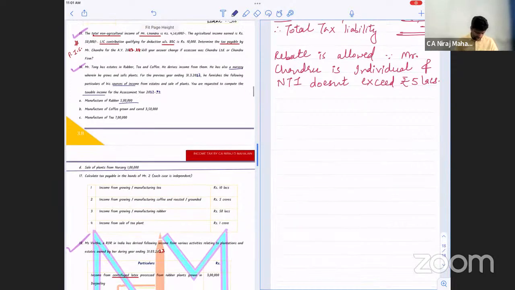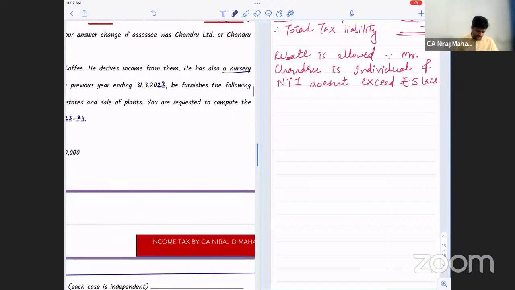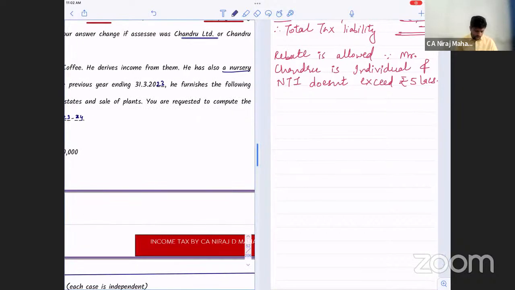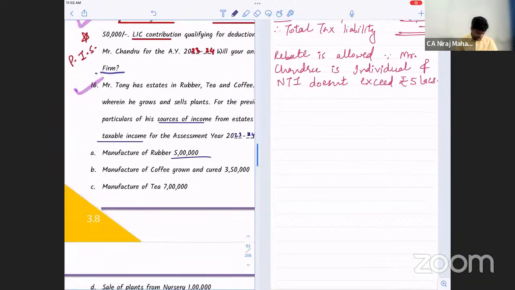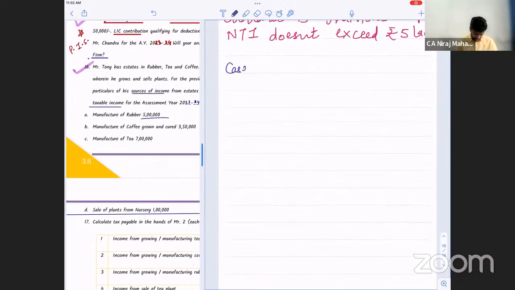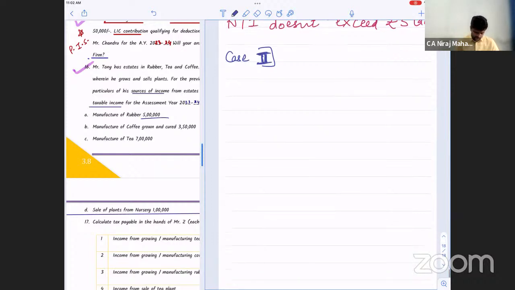What is case 2? Will our answer change if assessee was Chandru Limited or Chandru Firm? Okay. So case 2 I'm writing here. Ready, everybody? In that first one, the partial integration scheme is not applicable to whom, bachcho?